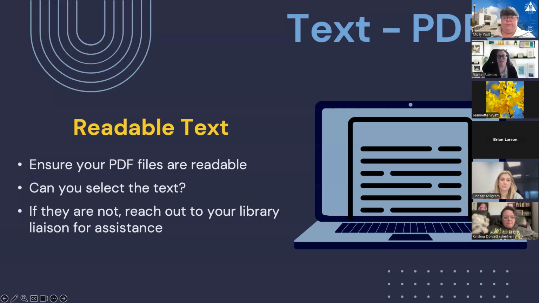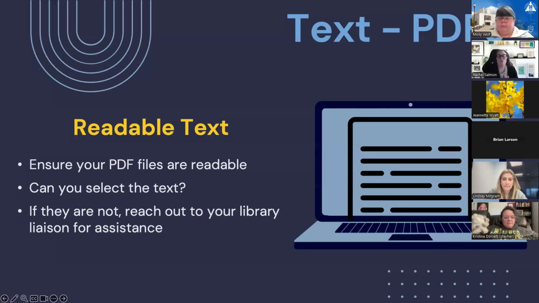The way to verify that your PDF files are accessible is to try and use your mouse and select the text. If the text can be selected, you are likely good to go and it's accessible. If you can't select the text, it can't read the text.